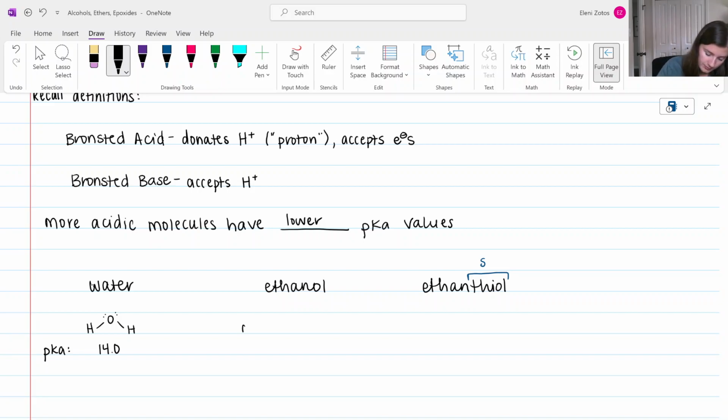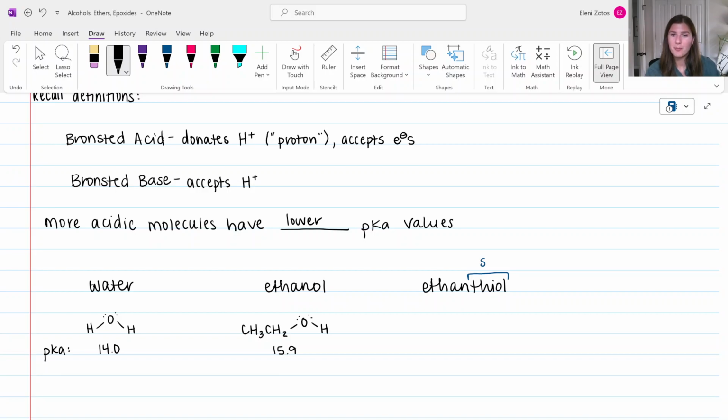Ethanol, its pKa is 15.9. Now comparing water and ethanol, the change is that we now have a carbon chain, the CH3CH2, where there was a hydrogen. If we start with water and then compare it to ethanol, that's the difference.